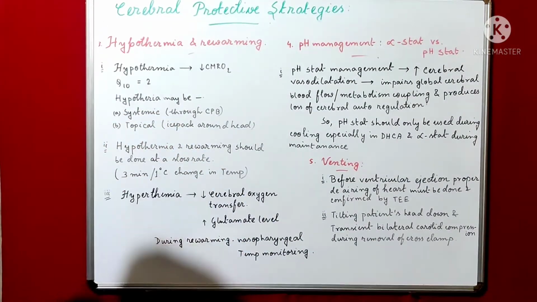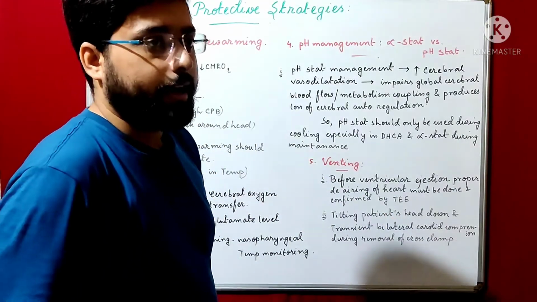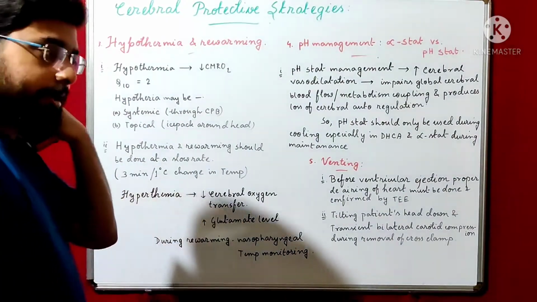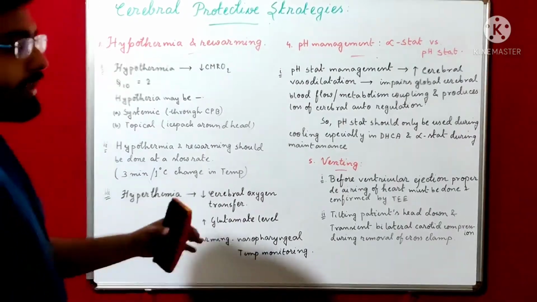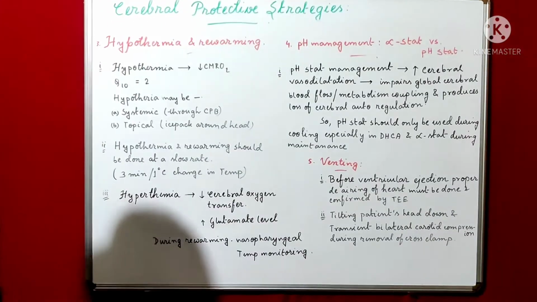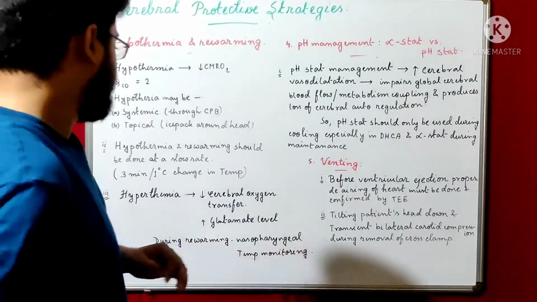Next and very important point is hypothermia and rewarming should be done at a very slow rate. For changing each degree of temperature, either reduction or increase, we must take at least 3 minutes.